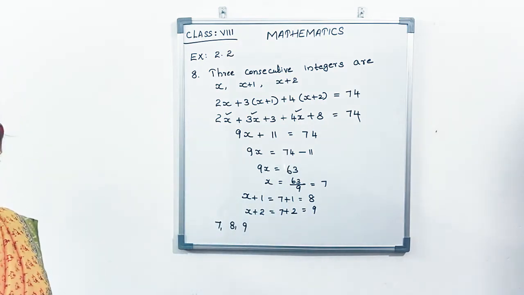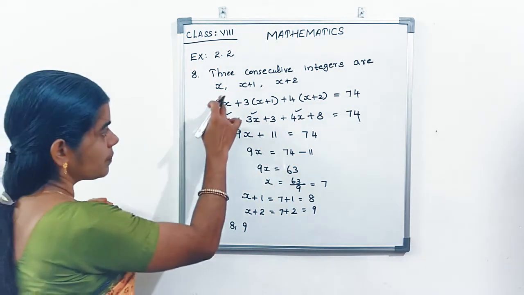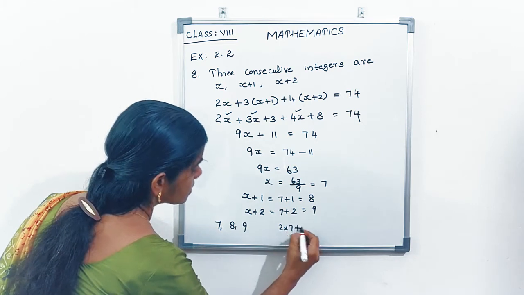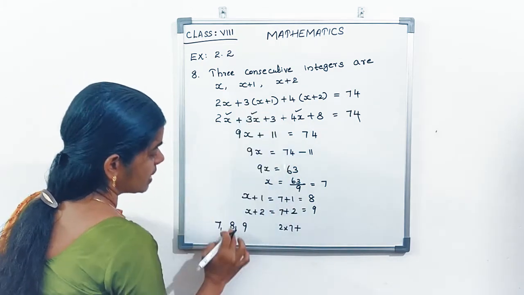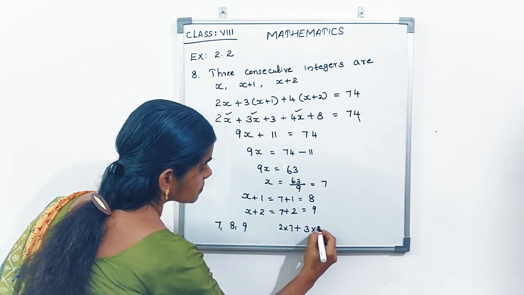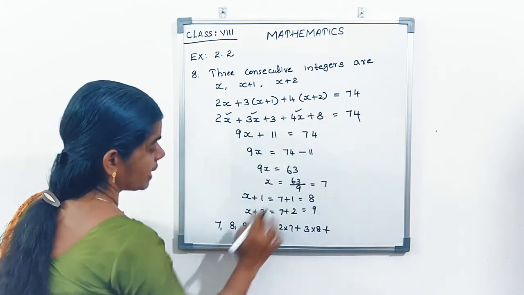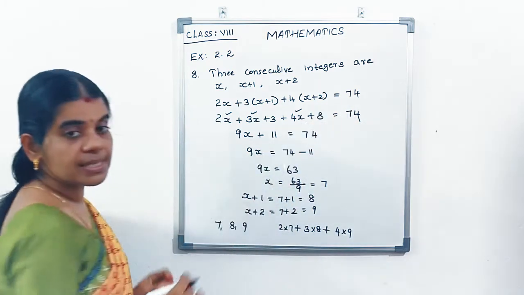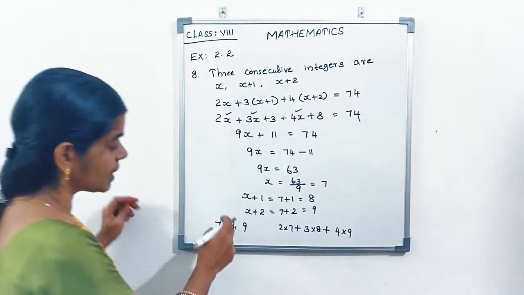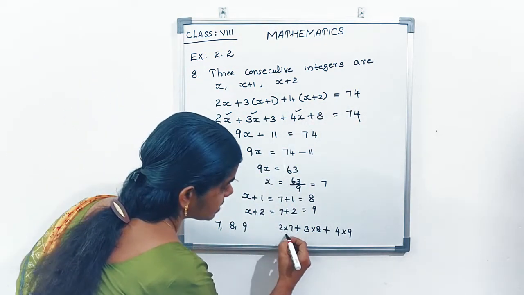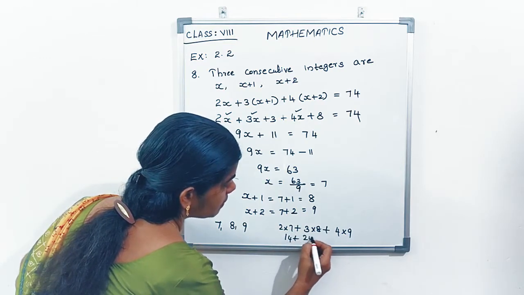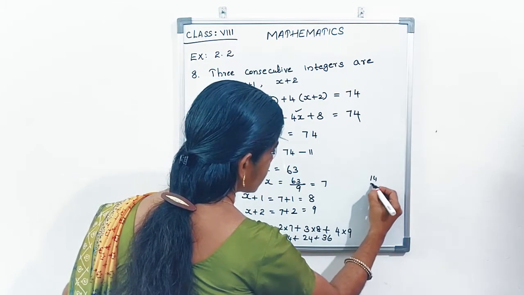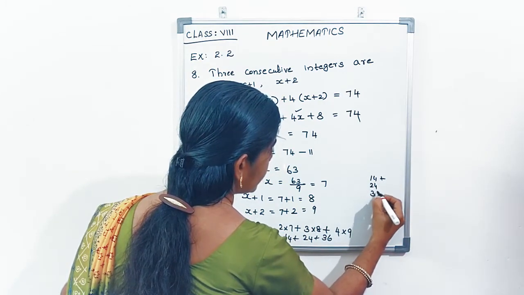We can check whether our answer is correct. 2 into 7, plus 3 into 8, plus 4 into 9, that is 14 plus 24 plus 36.